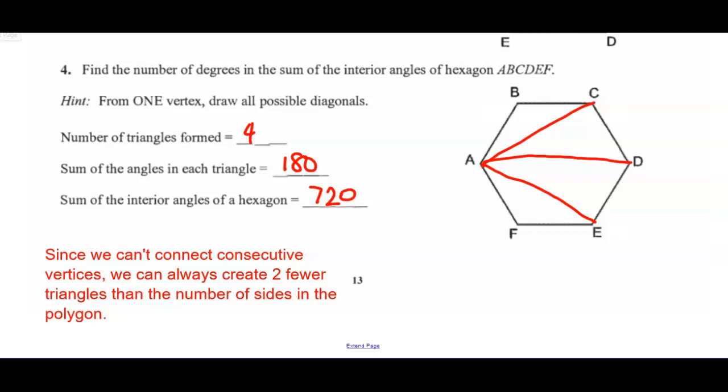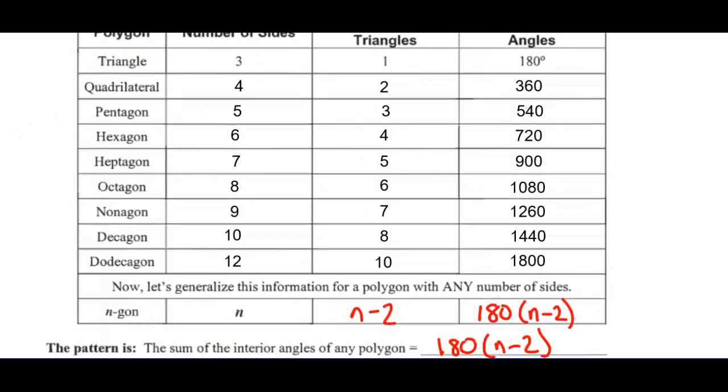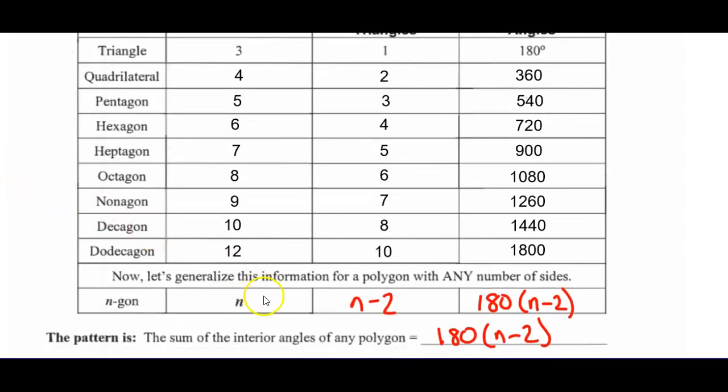in a polygon. All right, so in example 5 on the next page, what we're looking at here is the number of sides in the figure followed by the number of triangles you can draw, which is always two fewer. If we multiply that number by 180 or just keep increasing it by 180, we generate this table. And so to generalize it, if it's an n-gon, any type of polygon, the number of triangles is n minus 2.